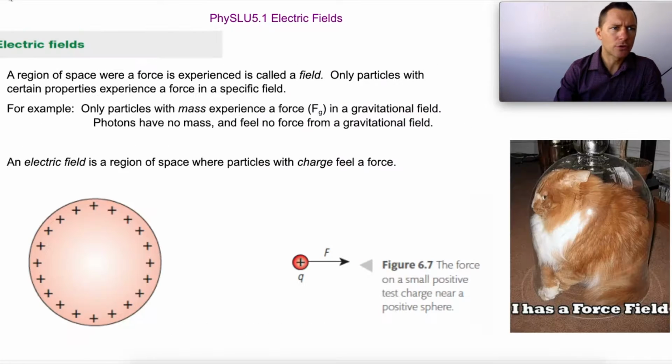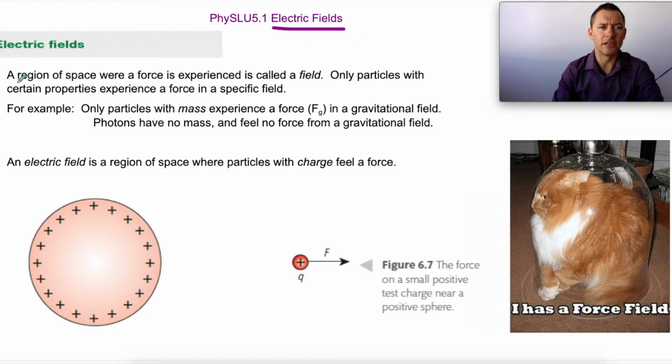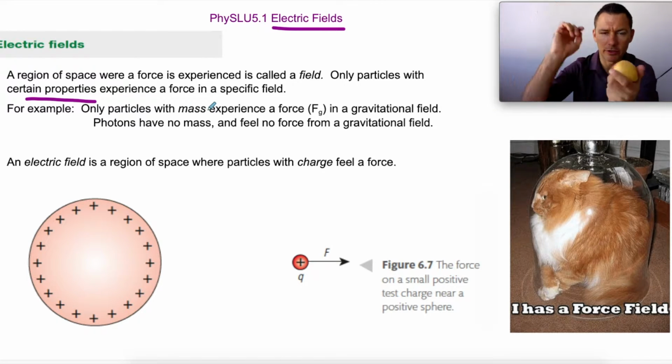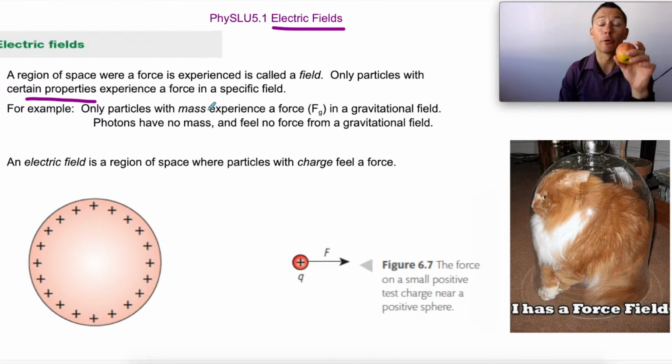All right. So an electric field is what we're most interested in, and a field is an area of space where there's a force experienced, but it's only experienced by particles with specific properties. So things with mass experience a force in a gravitational field. What makes a gravitational field? Other mass. That's a bigger idea.